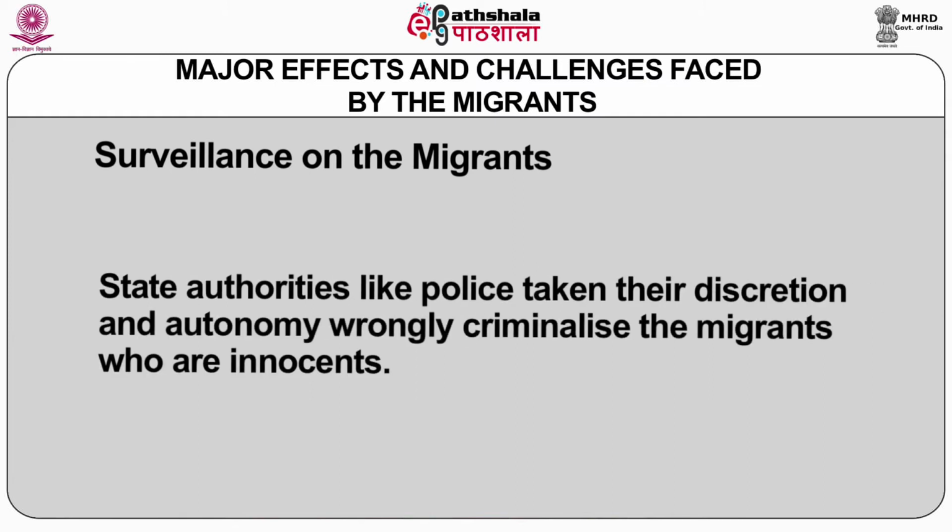State authorities like police take their discretion and autonomy wrongly and criminalize the migrants who are innocent. Such branding victimizes the migrants who move to another place illegally. Sometimes they move without any identification documents, unknowingly, because of illiteracy.